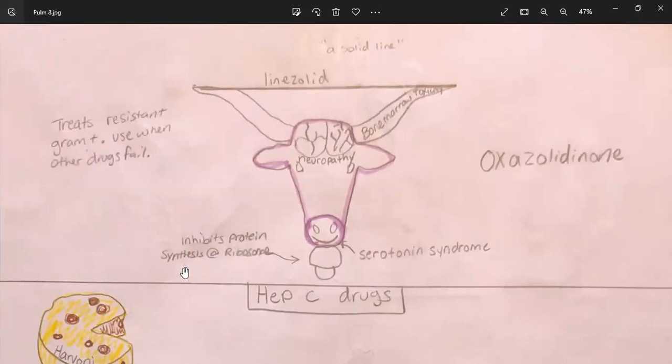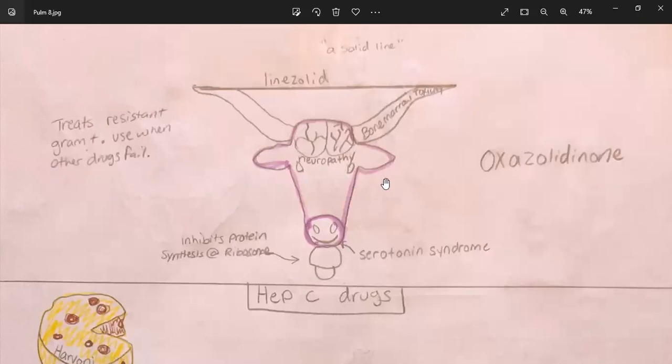This inhibits protein synthesis at the ribosome. So this little thing here is supposed to look like a cowbell, but also a ribosome. And these are used to treat resistant gram-positive organisms. And it's used when all other drugs have failed. So gram-positive, he's purple.